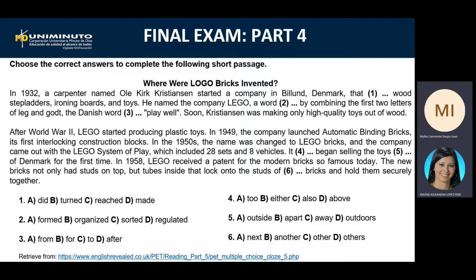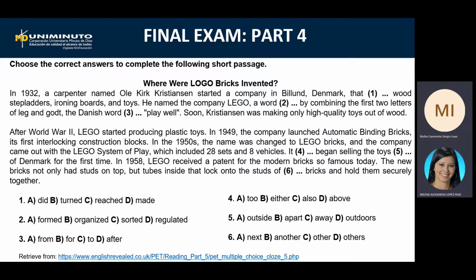And he chose two words for the logo. Yes. And what was the first material that Lego was created with? First it was wood, wood ironing boards.